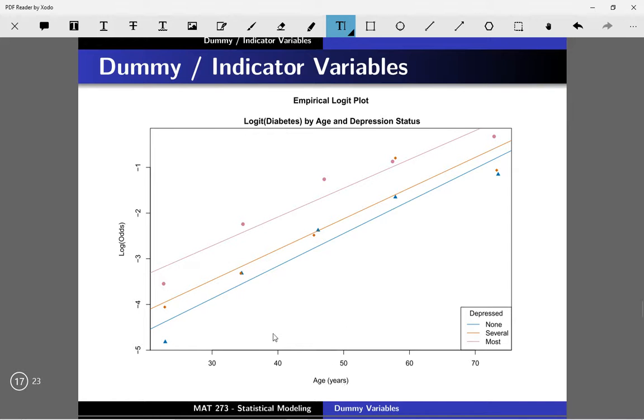So if these lines were not parallel, we should consider an interaction term between age and depression status in our model. But because these lines are parallel here, we're not going to bother including an interaction term. So that's just something to note, that these empirical logit plots can tell us a lot about our model and potential predictors to include.